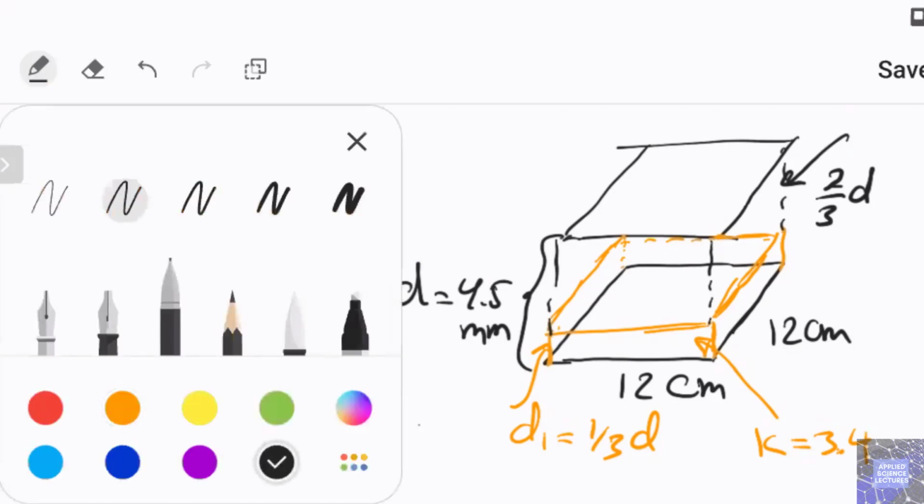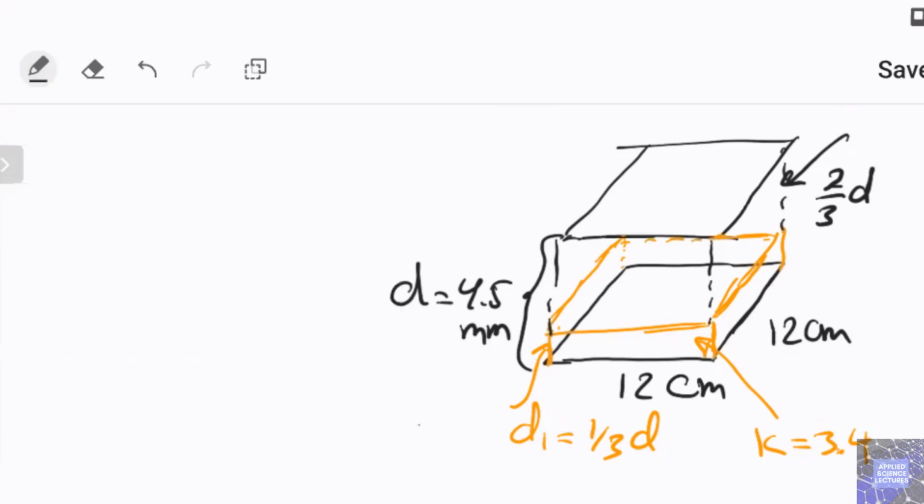So just by looking at this capacitor, finding that one electrode is connected to the dielectric here from this side, the other electrode is connected to the air.